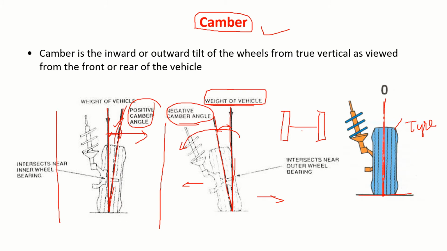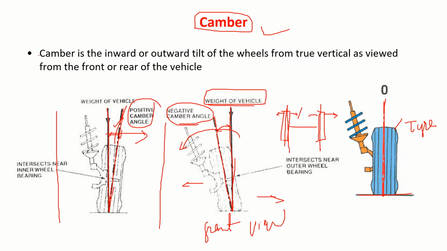When you see the vehicle from the front, you may see these vertical lines. If the wheels tilt outwards, they will have positive camber. If they tilt a little inwards, then we will have negative camber. That's what it means. So you always have to see from the front, the front view of the vehicle.